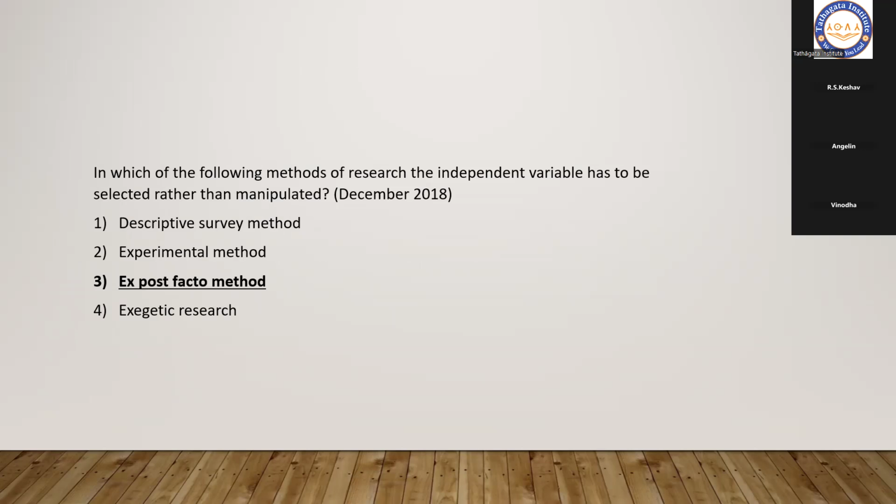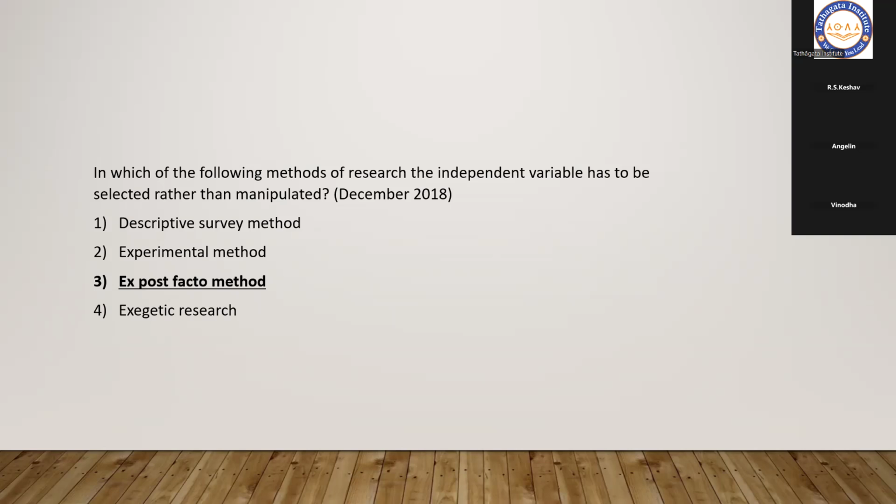In which of the following methods of research does the independent variable have to be selected rather than manipulated? Ex post facto method. Did I do ex post facto method today? Right, I will go back and check because I don't remember. If not, we will do this in the next class. There are 21 methods.